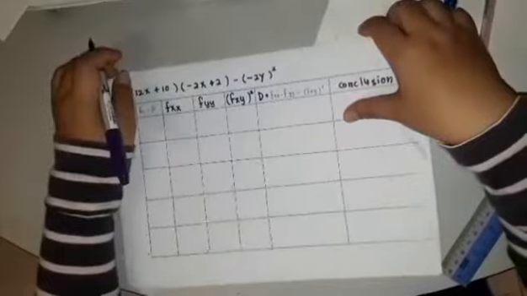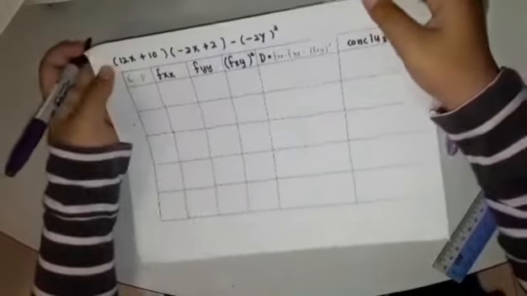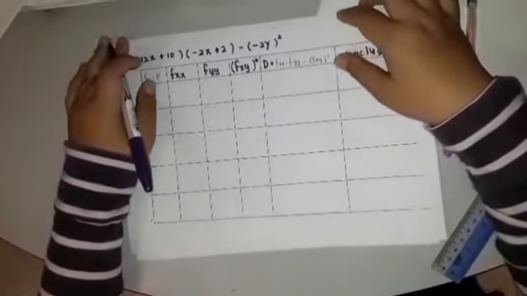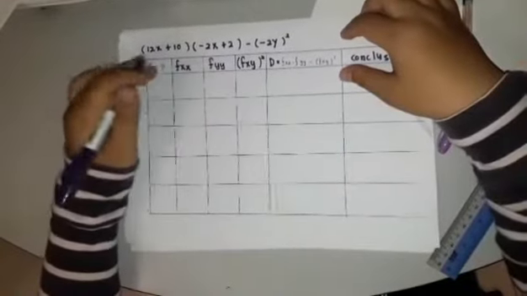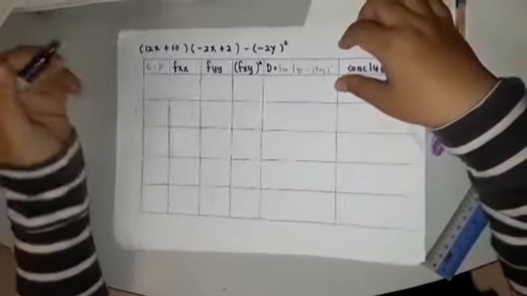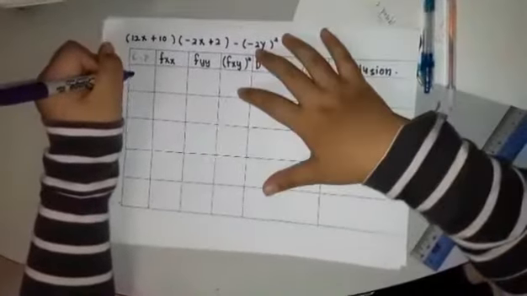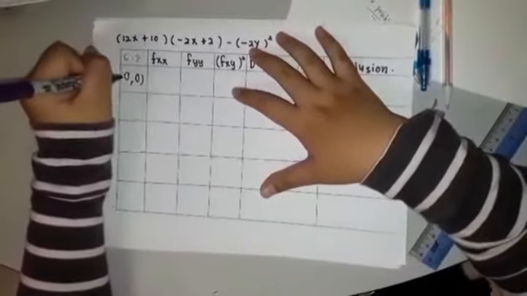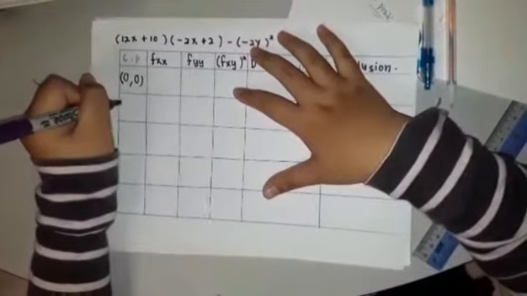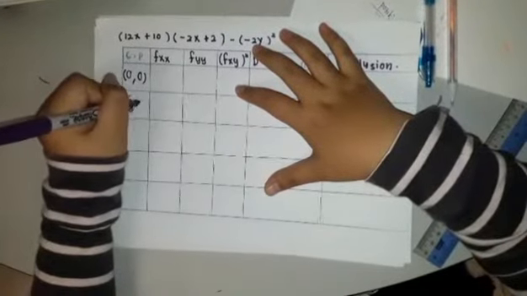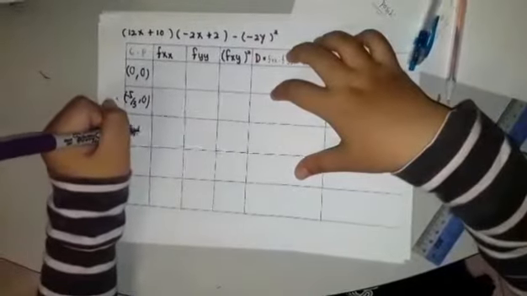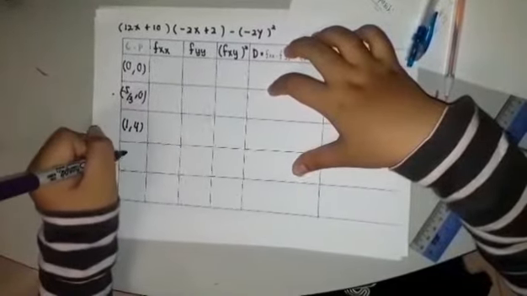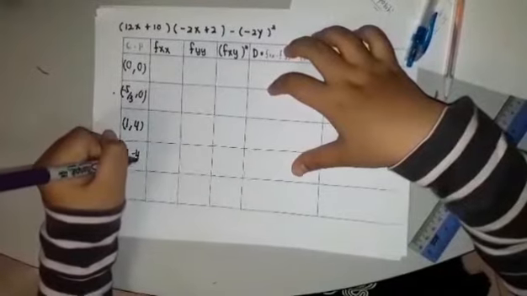Okay, let's continue. I will continue with the table where we find the D and the conclusion. The critical points that we got before are 0, 0, negative 5 over 3, 0, 1, 4, and the last is 1, negative 4.